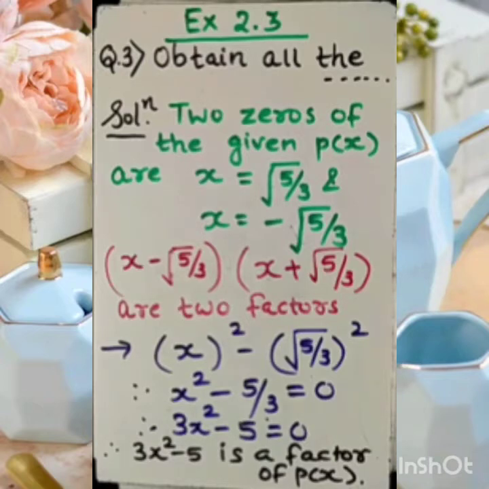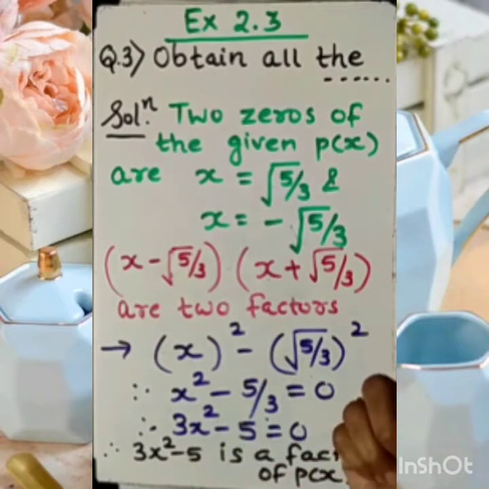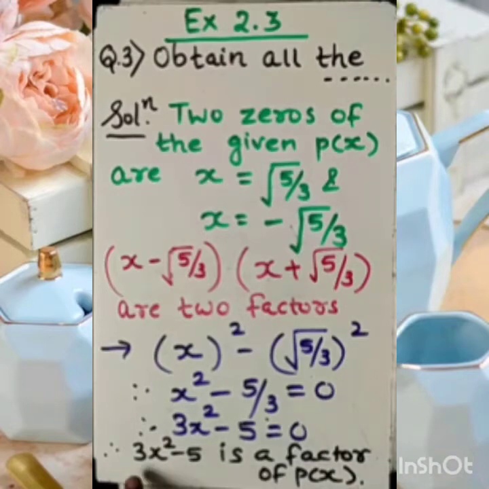But in the question we are asked to find some more factors of the given polynomial p(x). So now we are going to divide the given polynomial p(x) by this, that is 3x square minus 5. Let's see what the result can be further.